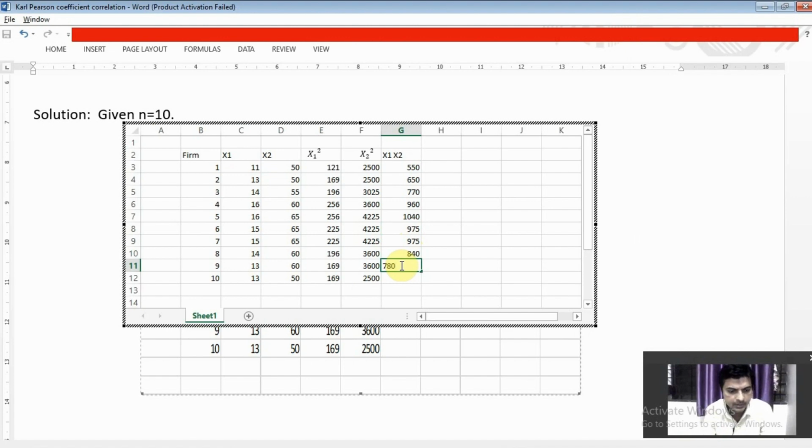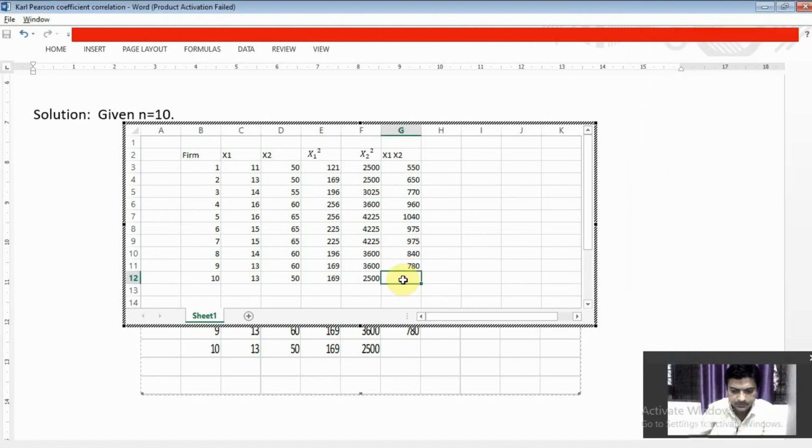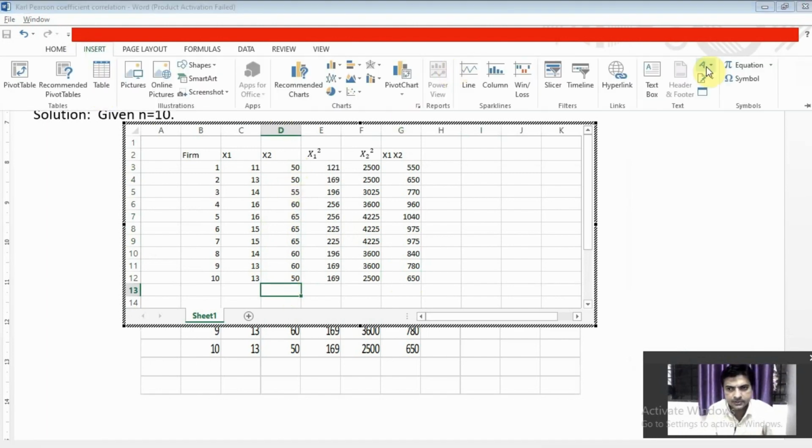Okay, next 13 into 50, last. So like this, 650. You have to get all the values very quickly, students. Now add all these values. How much will you get? You have to take the answer. So add all the values using the calculator, students, quickly.